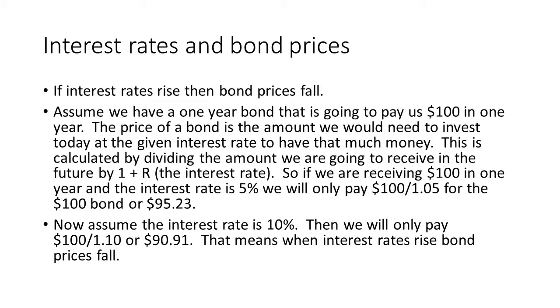Your bond's now worth only $90.91, which means it's worth about $4.50 less than it was before. You might say, geez, I lost value. You absolutely did. Now let's also assume that for some reason you had to sell that bond. Well, that's the most you're going to get out of it, and you will have had a, quote, capital loss.